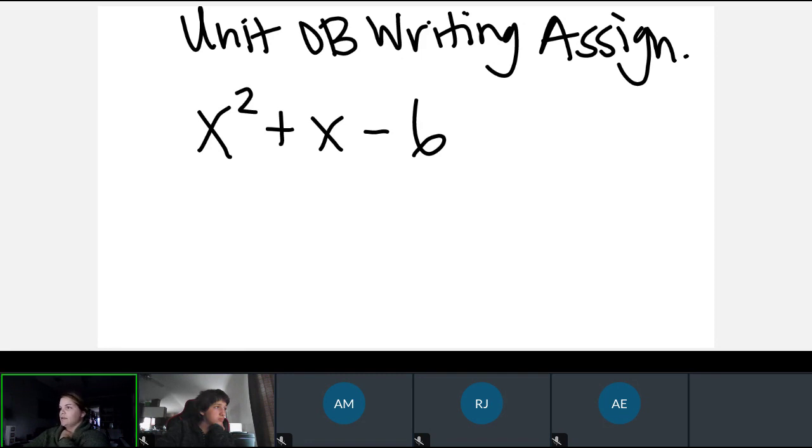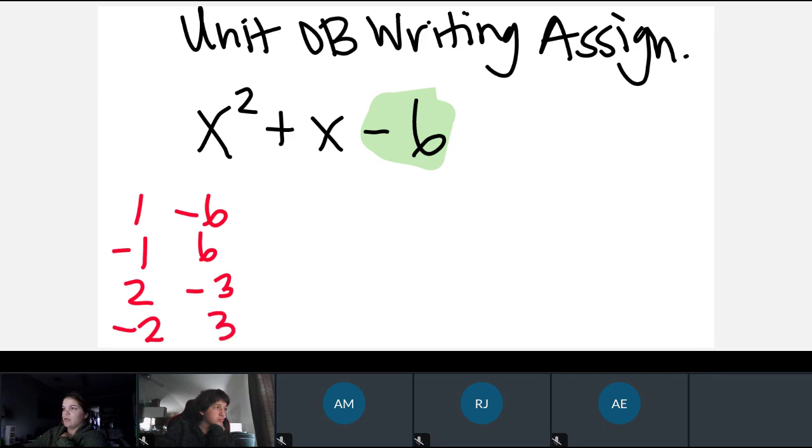Okay, so my last number here is -6. So because this is a -6, that means I'm going to have one positive and one negative factor. So the factors of 6 would be 1 and 6, or -1, +6. And then I would have 2 and -3, or -2 and 3.